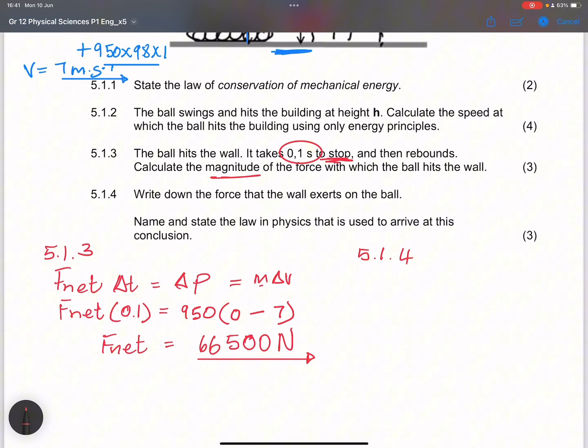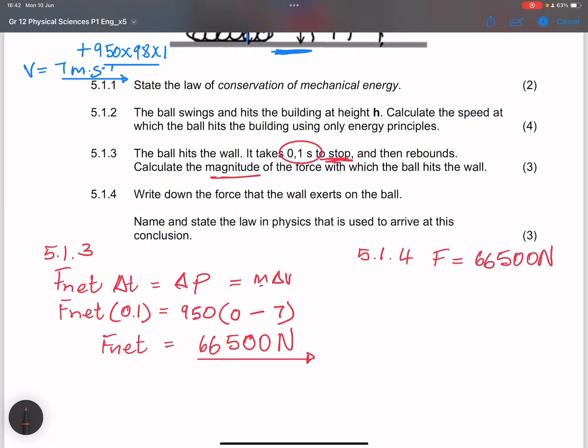If body A exerts a force on body B, then body B exerts an equal but opposite force on body A. So if the ball exerts a force on the wall, then the wall exerts an equal but opposite force on the ball. So the magnitude of that force would be exactly the same.